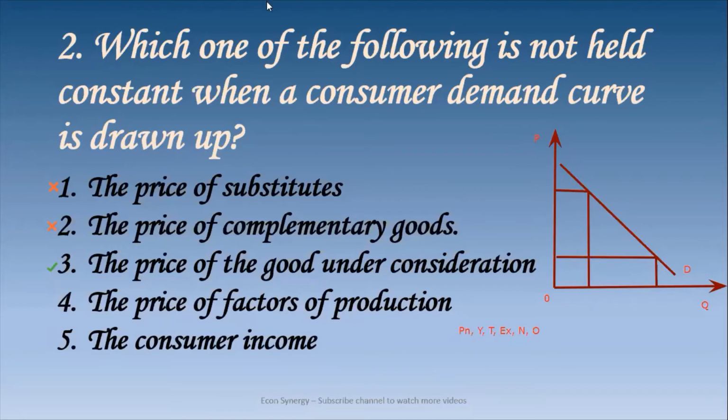Therefore, this one will not come. Then consumer income, see here, consumer income also remains unchanged. Therefore, this one also will not come. Then the correct answer is the third one, the price of the good under consideration. Then we will move to the next one.